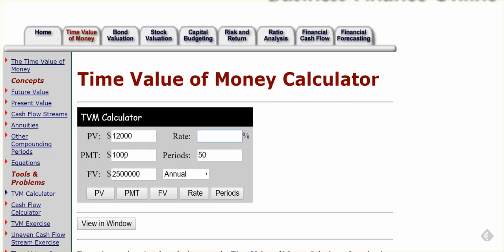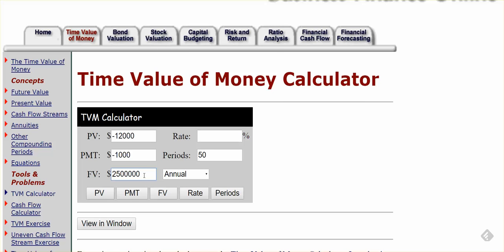If we group cash flows going in the same direction with the same sign, the 12,000 and the 1,000 are both going the same direction. My daughter is depositing that money into an account. So I'm going to say it's leaving her hands. And then eventually, 50 years down the road, she will receive or have an account worth $2.5 million.